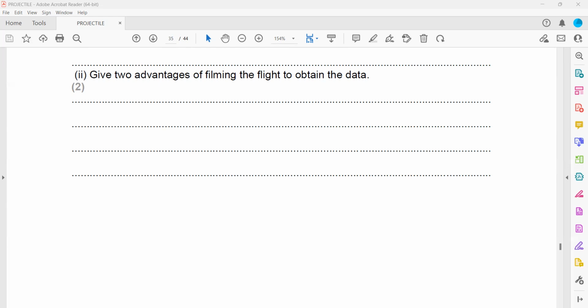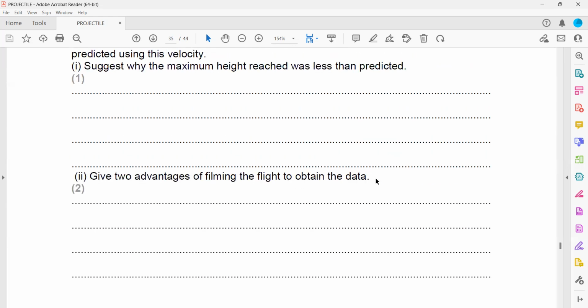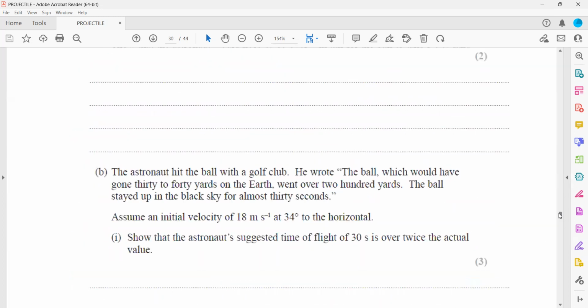We can slow down and watch frame by frame. We can watch again. That is one advantage: there's no reaction time involved. We can slow down the motion with reference to the frames. So these are the advantages of using a video camera over the stopwatch.